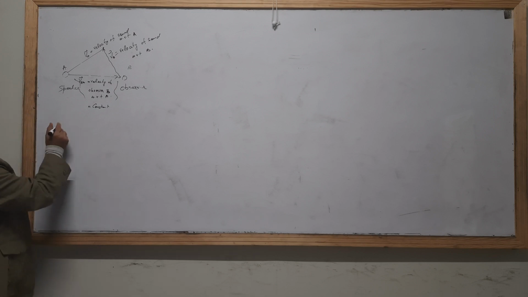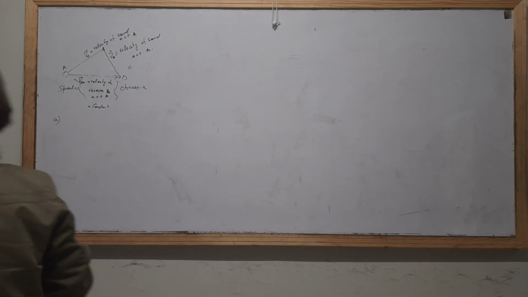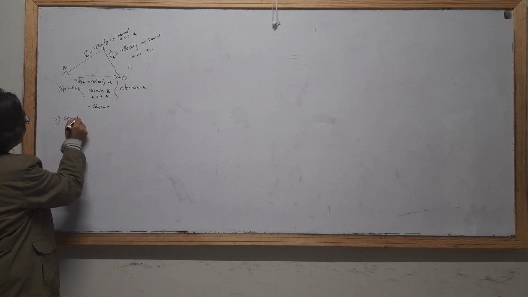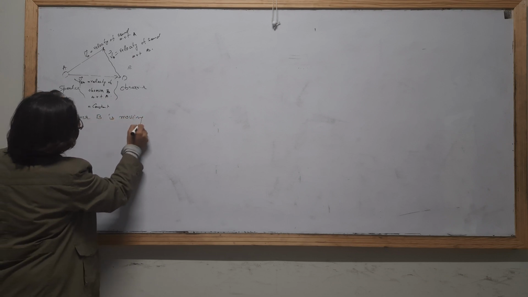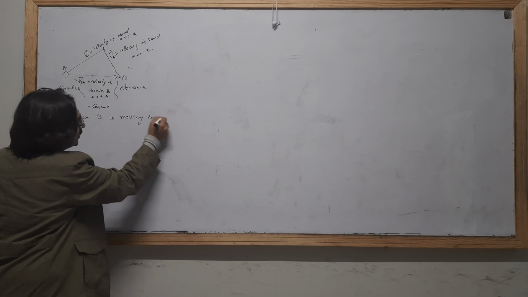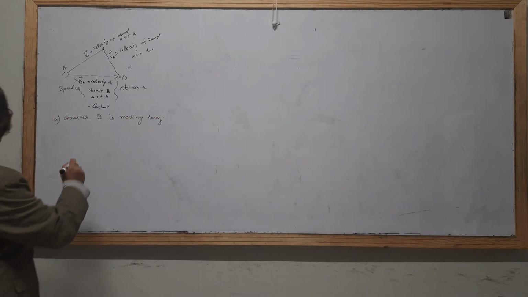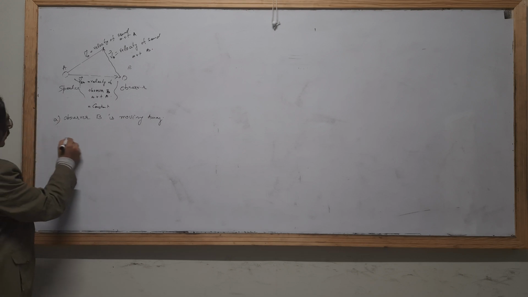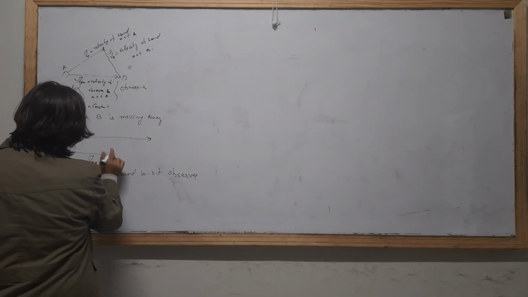There were different cases we discussed last time. The first case was if observer B is moving away. Then the sound velocity will be greater, and its velocity will be less.